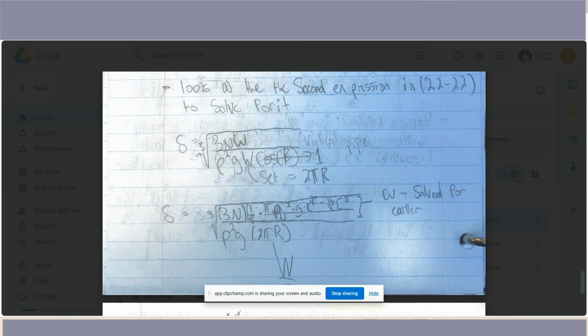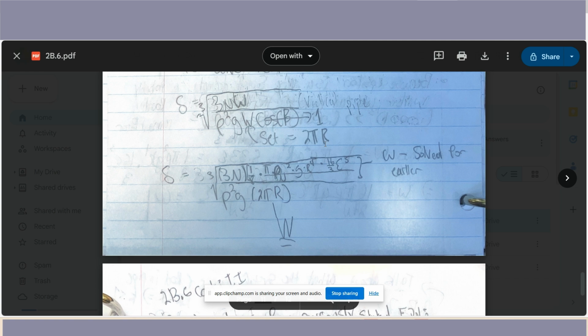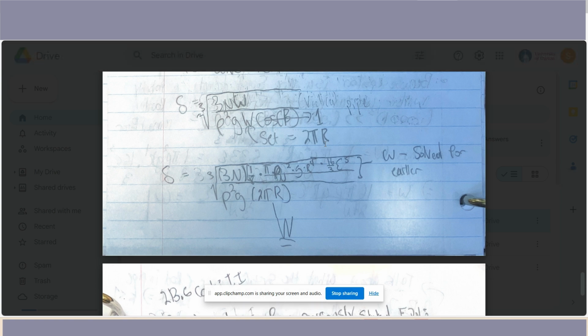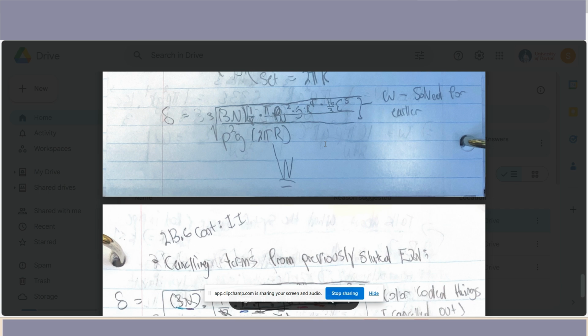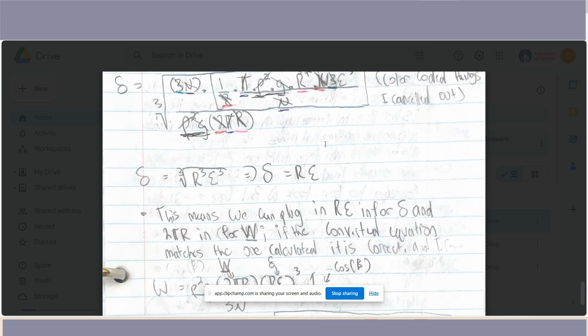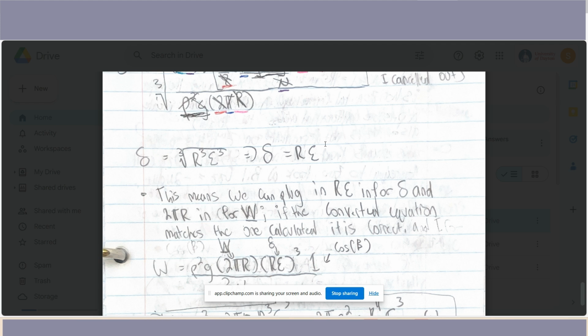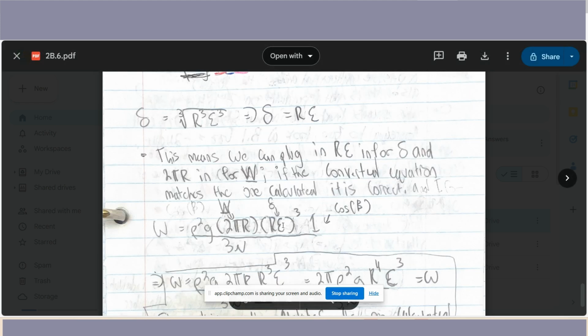There's not going to be any slant. And we're setting W equals 2 pi r again because we did that earlier, because it's the surface that the water is adhered to. So here's just some canceling terms, and we say that sigma equals r times epsilon. So then we can plug in r epsilon for sigma.